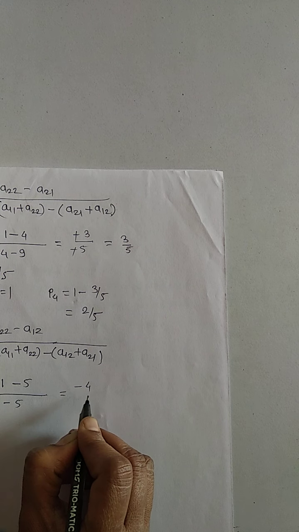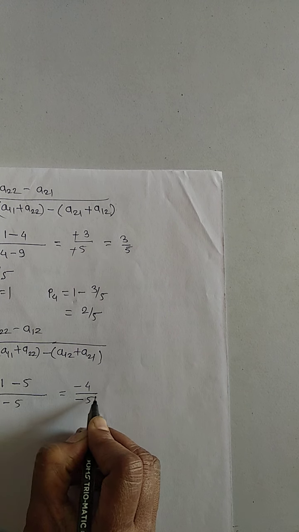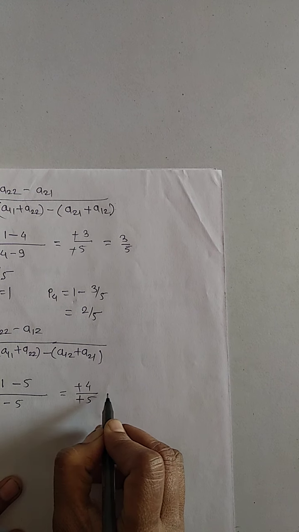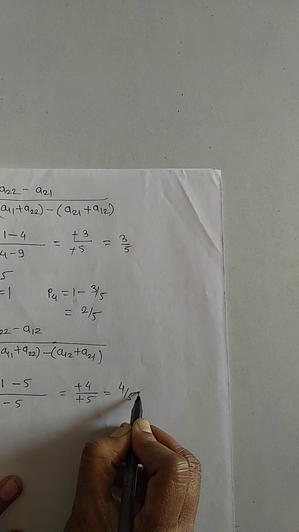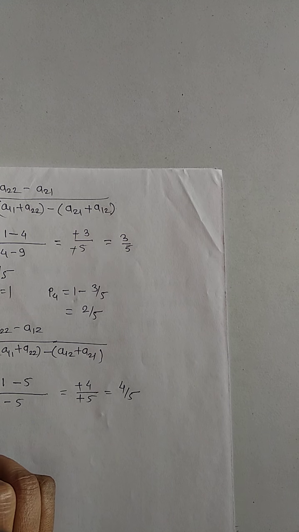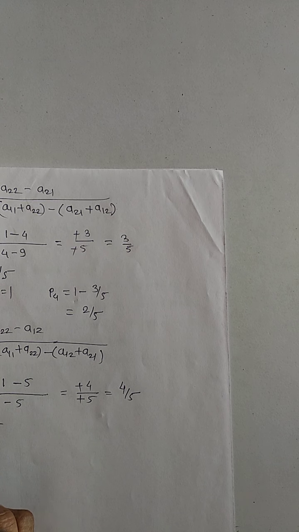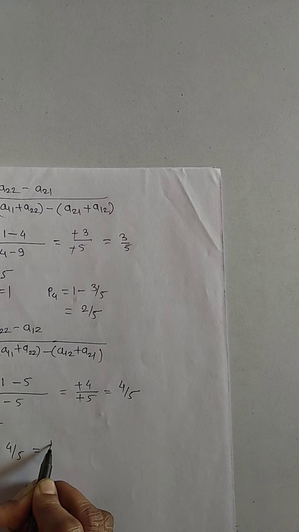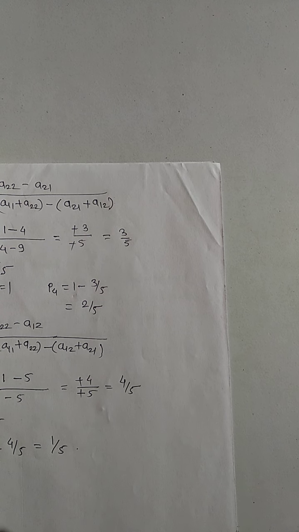This is equal to minus 4 by minus 5, and the minus signs cancel, and that is 4 by 5. Means Q1 is equal to 4 by 5. Then find Q2. Q2 is equal to 1 minus 4 by 5, that is equal to 1 by 5.